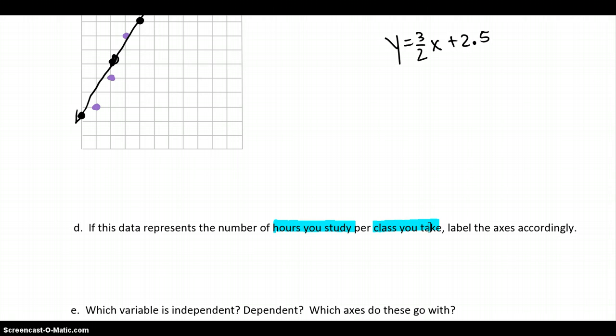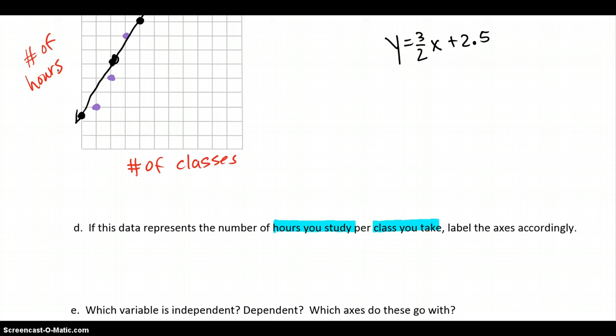So the number of hours and the number of classes. Which one is going to go on the x-axis? Hours or classes? Classes, right? So the number of classes, and then the number of hours is on the y.